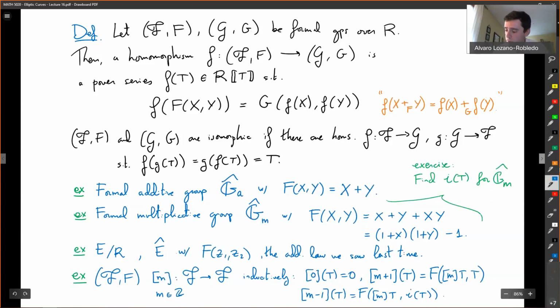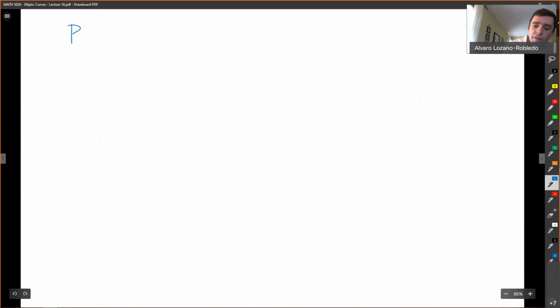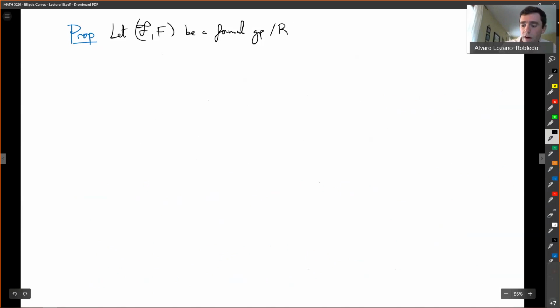But let me give a property of these multiplication by m maps. Let F be a formal group over a ring R. Then first, the multiplication by m map actually looks like m times T plus higher order terms.